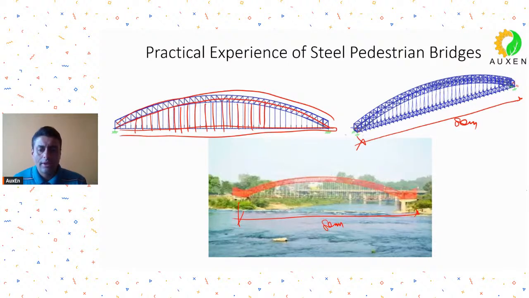Unfortunately, there was heavy flooding. The flood levels bypassed the highest flood level that we had considered. Some 6, 7 years back, there was a very heavy flood, and the flood levels even bypassed the HFL, and this bridge was unfortunately swept away in the floods.